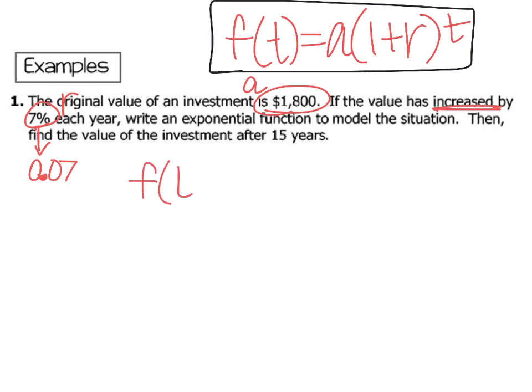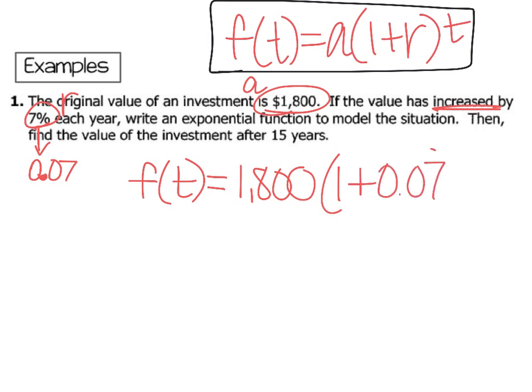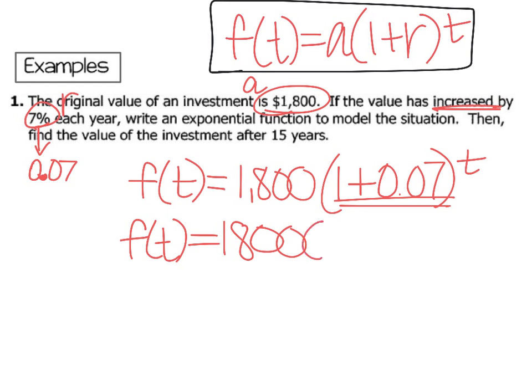So we would say f of t, t being the number of years, equals our initial amount, 1,800, times 1 plus our rate, 0.07, to the t power. T stands for number of years. And we can simplify what's in our parentheses, so we can say f of t equals 1,800 times 1.07 to the t power. That would be our exponential model, our exponential function, that models this situation.